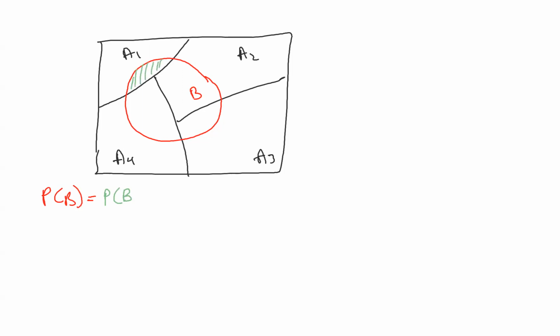Okay, B intersection A1, plus the aspect of B that intersects with A2, so the probability of B intersection A2, plus the aspect of B that intersects with A3, so the probability of B intersection A3, plus the aspect of B that intersects with A4.